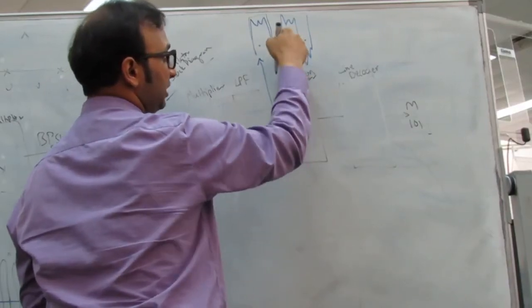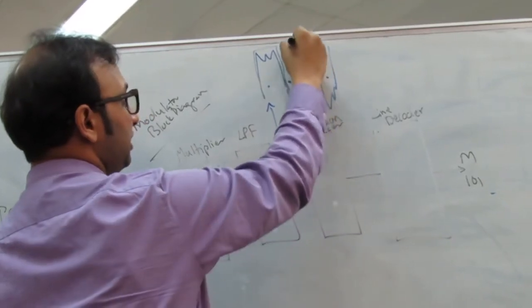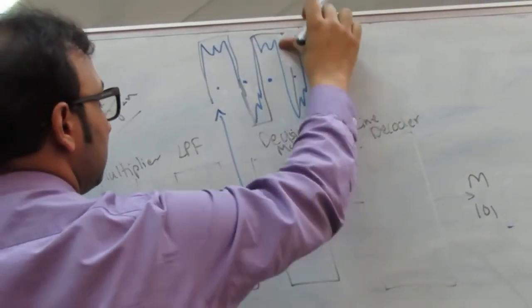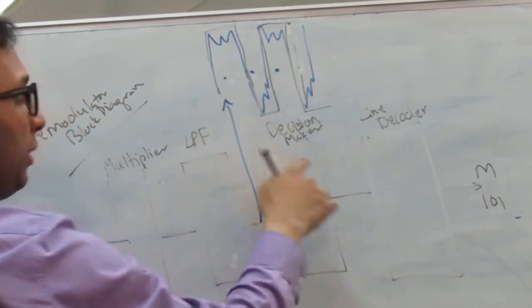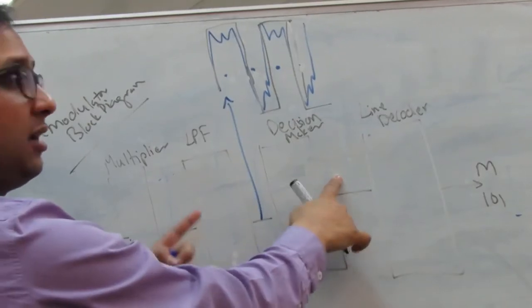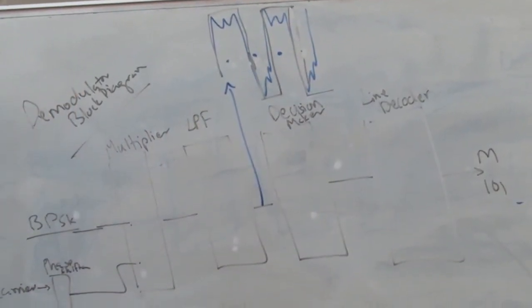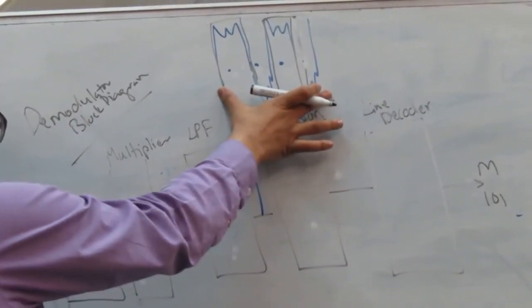I will take a decision here, it is less than 0, so it's a pulse like this. I will take a decision here, it is more than 0, it's a pulse. Again, it is less than 0, so it's a 0. So now after the decision maker, I get good shaped pulses. It's no more distorted. And now this is my encoded output.